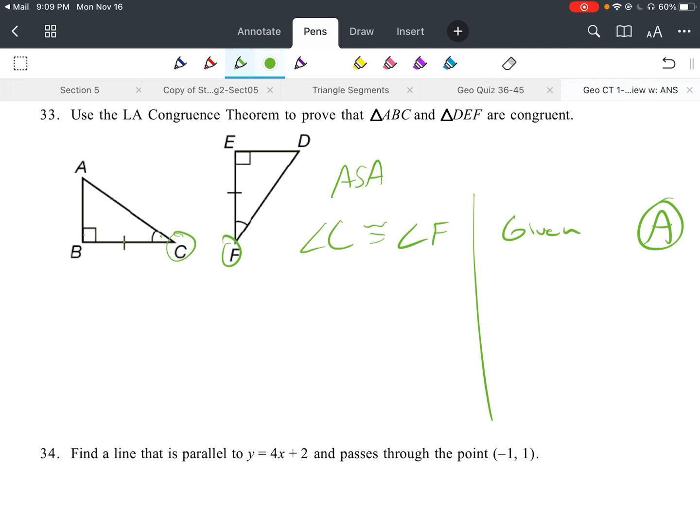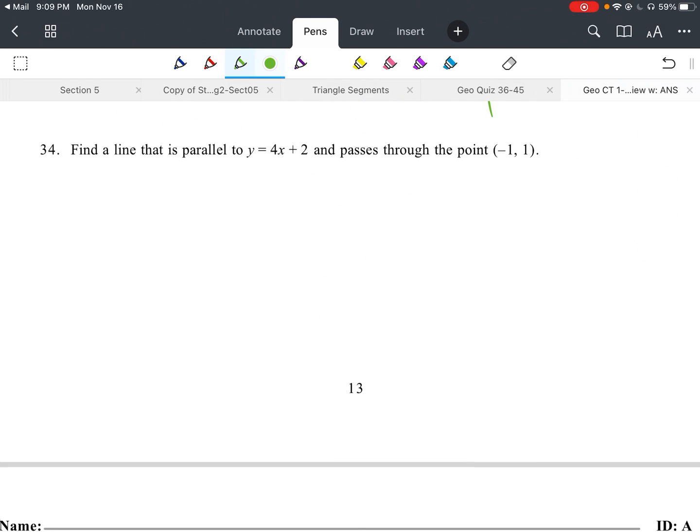And let's see, BC is congruent to EF. And that was given as well. That's side. And the last one, you could just say angle B is congruent to angle E, given. So it's angle, side, angle, and then just make your congruent statement at the end. ABC is congruent to DEF.